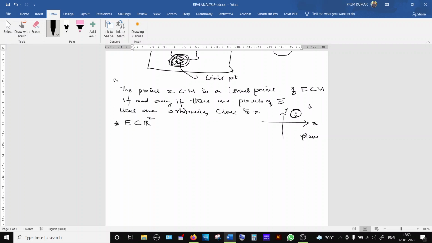Suppose E is a subset of this R squared. To be more clear, suppose you take this full plane. Suppose I take one set E.